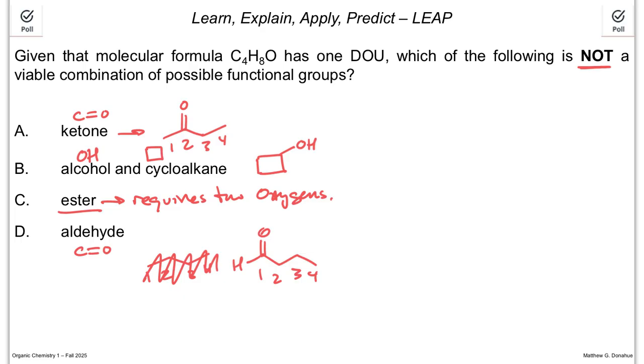So A and D both have carbonyls. This one has an alcohol, so that differentiates them somewhat. Of the carbonyls, this one has a carbon and a carbon. This one has hydrogen and carbon. That subtle difference is actually a diagnostic signature in IR.